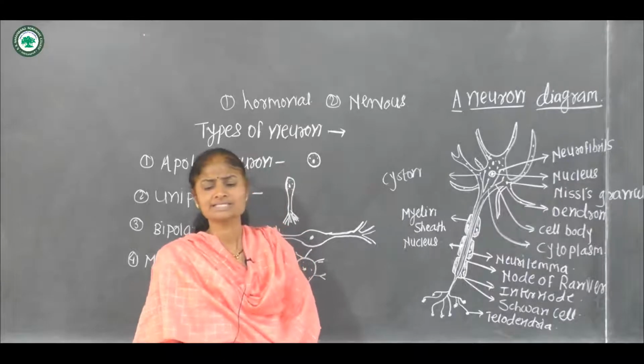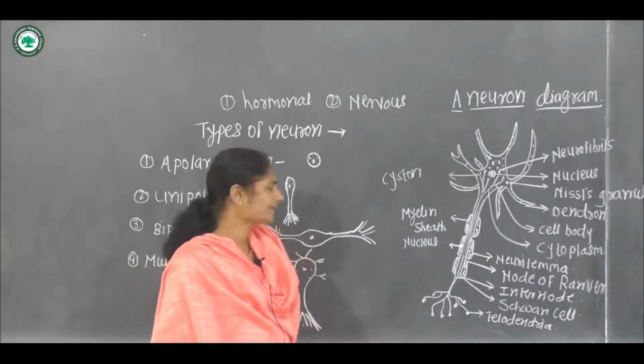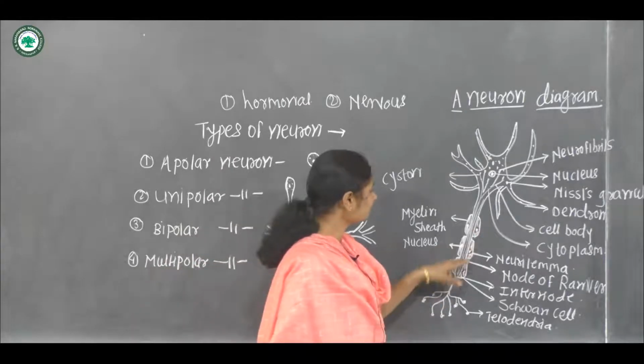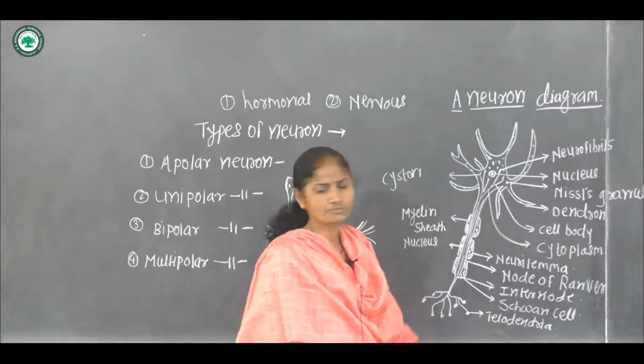The axon is surrounded by cells called Schwann cells.